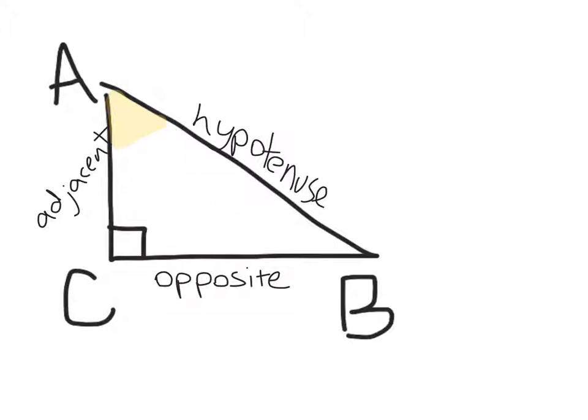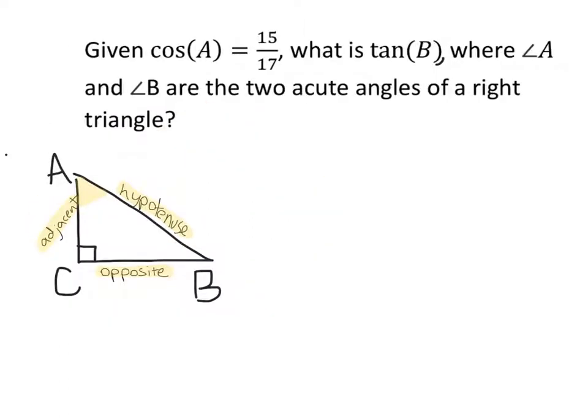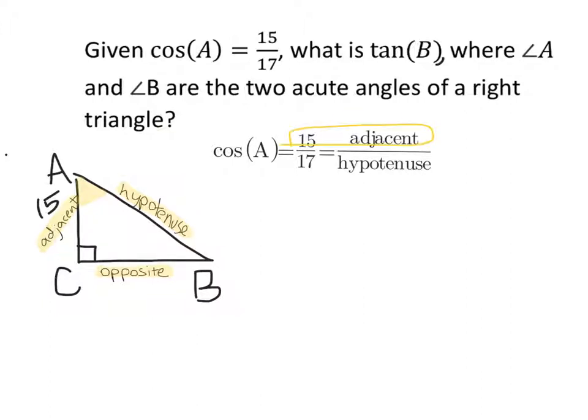Since those are all in reference to angle A, I'm going to highlight them yellow because our angle A is highlighted yellow. We know that cosine of A is equal to 15 over 17, and that cosine is equal to adjacent over hypotenuse. Therefore, 15 is our adjacent side length, and 17 is the side length of the hypotenuse.